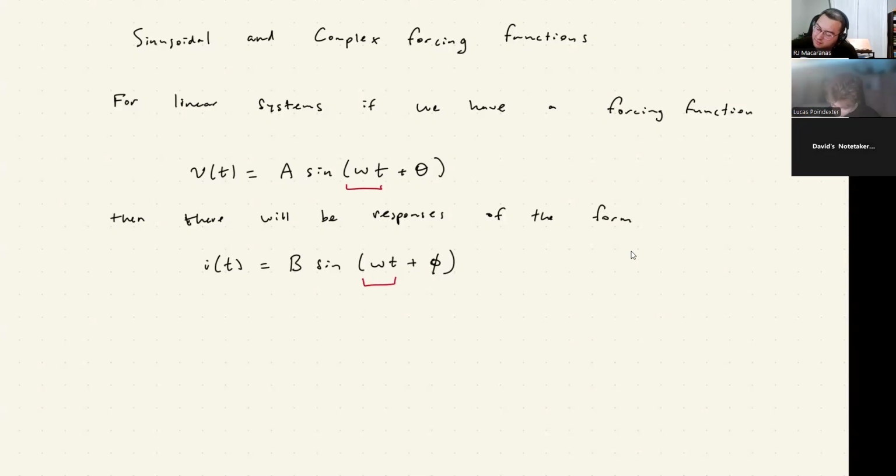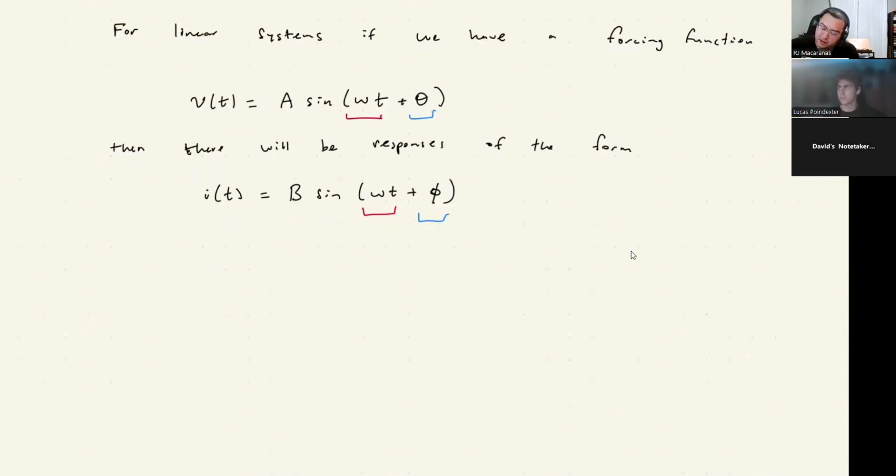So the phase angle of my forcing function is given by just this arbitrary theta value. But the response, which you can look at in terms of current, will have a different phase, and here they've got it as an arbitrary number phi.